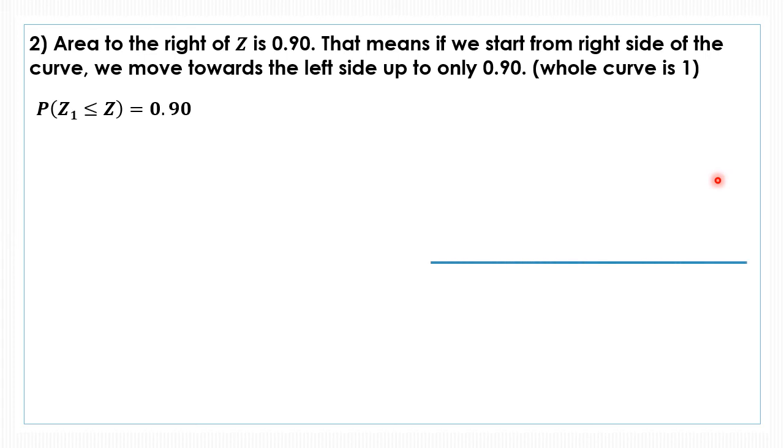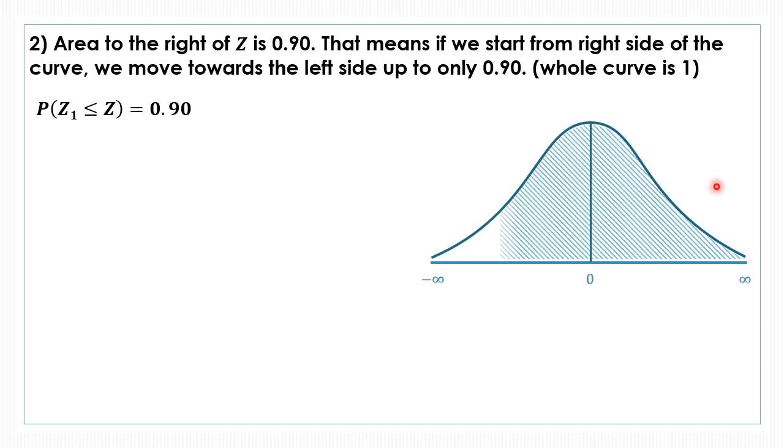So we will start calculating our probability from the right hand side of the curve this time. So it will be highlighted for 0.90 probability. Remember that, it is 0.90. Okay, so just this whole part is 0.5, so it is still greater than that because we are still moving forward up to this point, and that would be your z1 value.